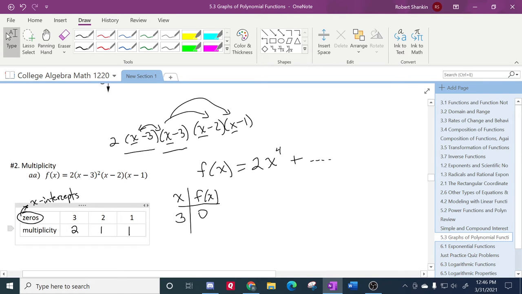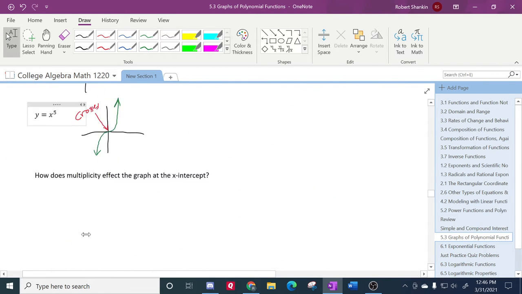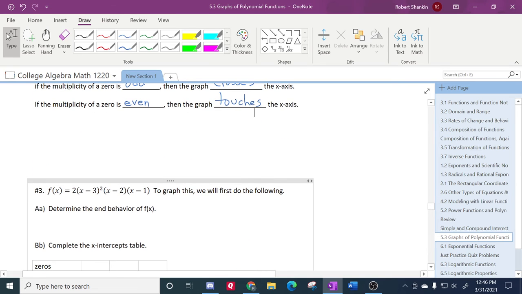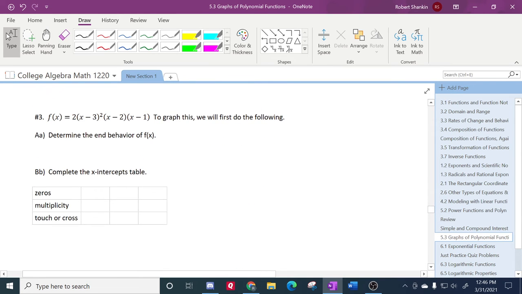And we made this multiplicity chart, the zeros and their multiplicity. Okay, now let's go back to that function. To graph this, we first do the following. So now we're going to do the zeros and the multiplicity, and we're going to put either a T or a C in the bottom row for whether it touches or crosses the x-axis at that x-intercept.